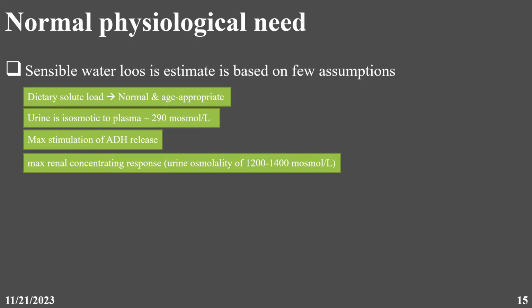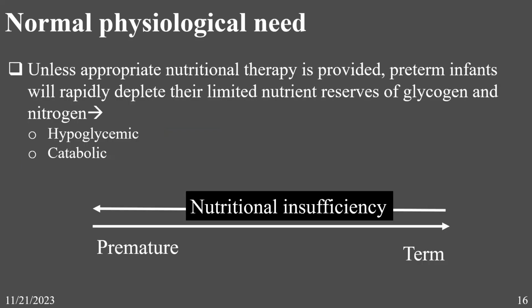Second, the osmolarity of urine is normal. And the antidiuretic hormone is working well, and the concentration ability of the kidney is normal. So these are assumptions, and based on these assumptions, we replace. If these assumptions change, then the fluid replacement should change.